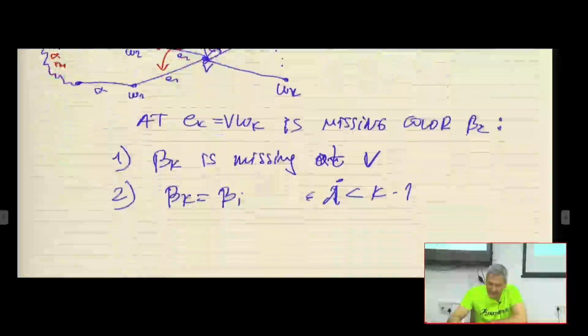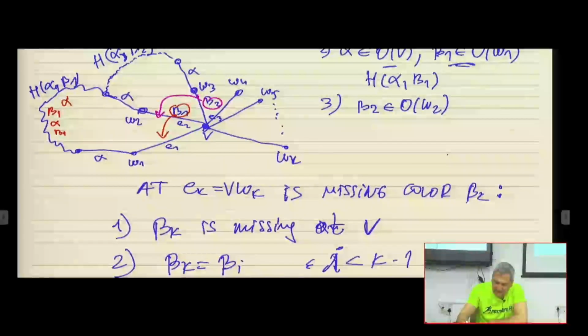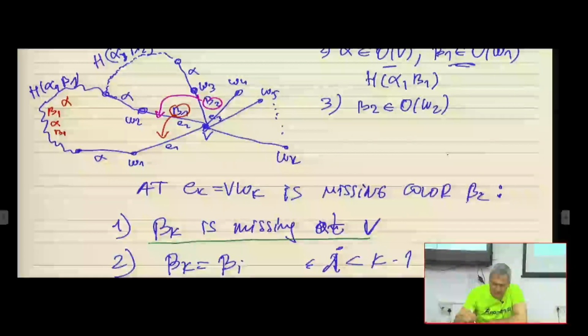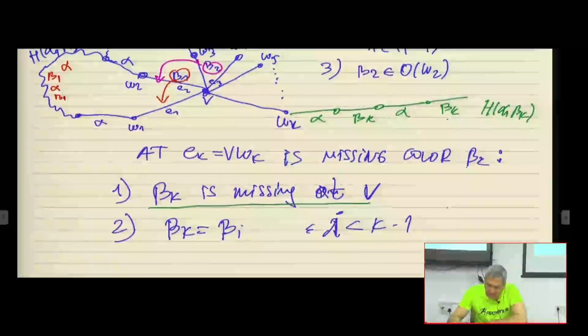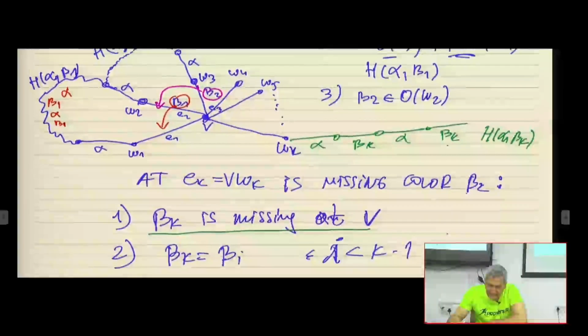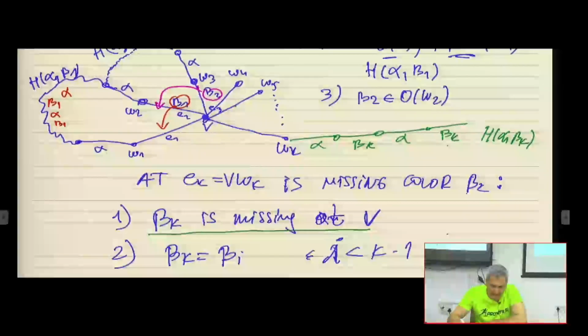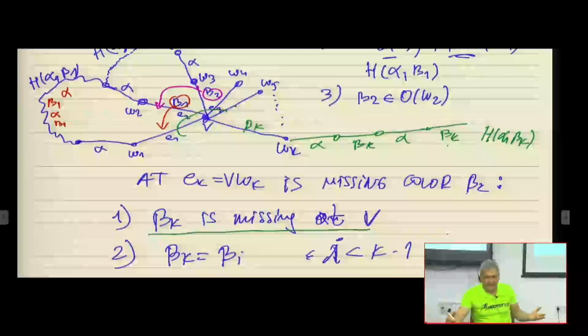So let's say, in this case, of course, we have here alpha and then beta K, this chain, alpha and beta K. We see this H alpha beta K. So if beta K is missing at V, here is no beta K. Then I will put beta K here, and I have colored the graph. I did that several times before.